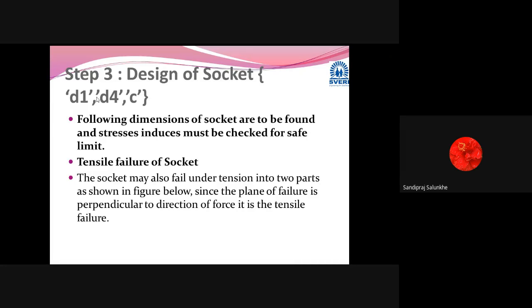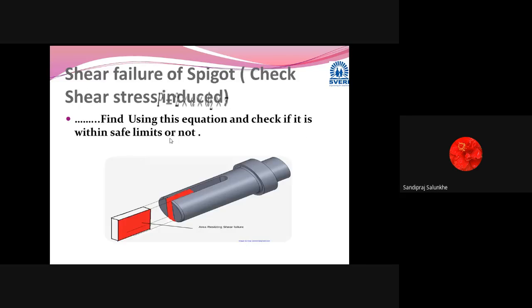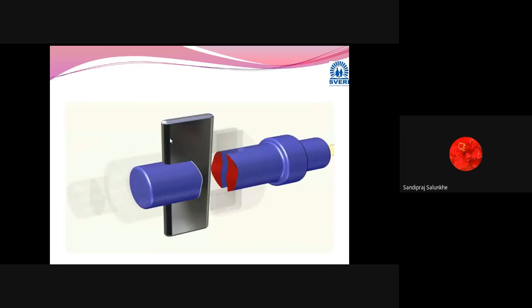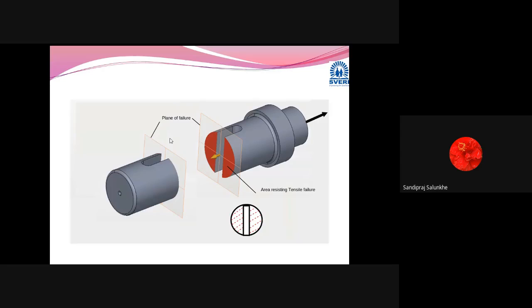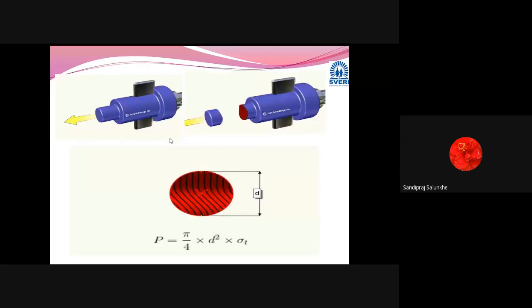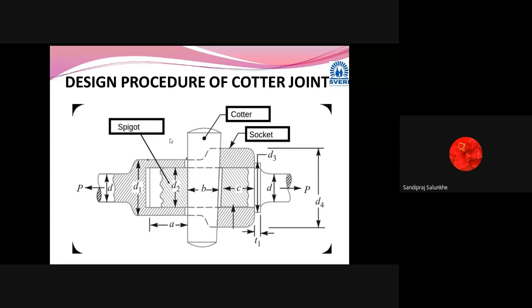Then the outer diameter of the socket, that we are going to calculate. And the most important thing is C, that is nothing but the dimension of the socket from the cotter pin, that is this dimension, because this dimension is very important.